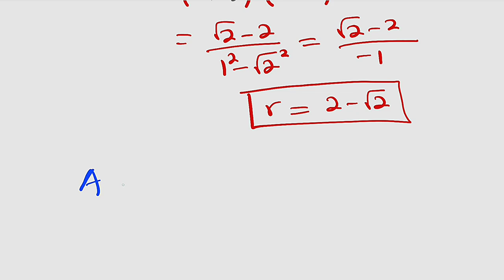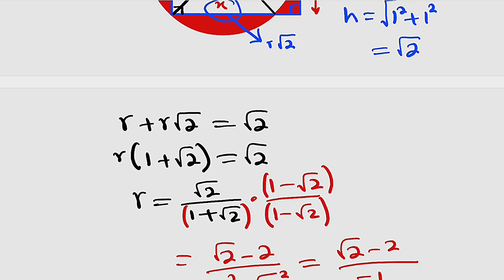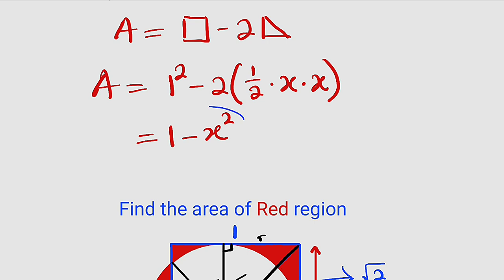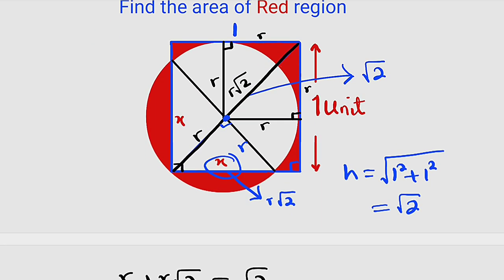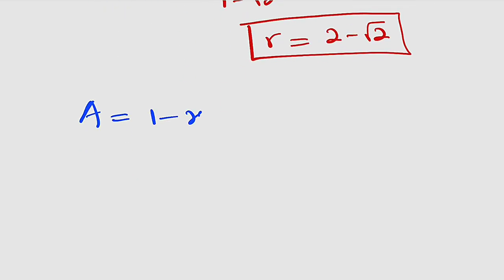So the area of the red region will be, I think we only need to substitute it here. Remember, I have obtained the formula 1 minus x squared. And we have seen that x is equal to r root 2, right? So 1 minus x squared is our area, and this is equal to 1 minus r root 2 all squared.